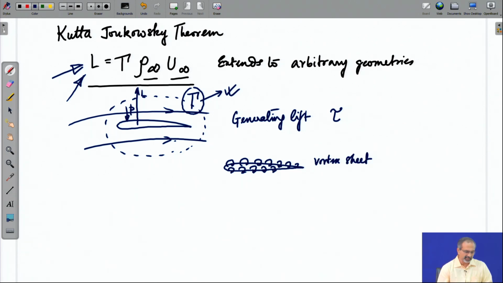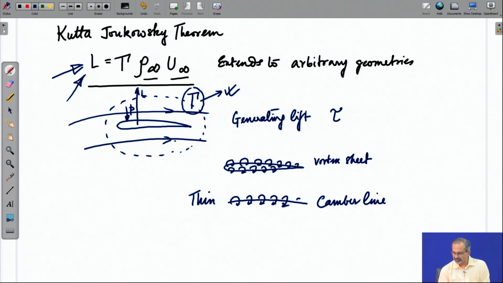This vortex sheet is wrapped around the airfoil with a certain distribution of vorticity. But when the airfoil is very thin, you can approximate it by the camber line and distribute the vorticity along the camber line, and say that it is going to give us a fairly approximate picture of the actual surface geometry.